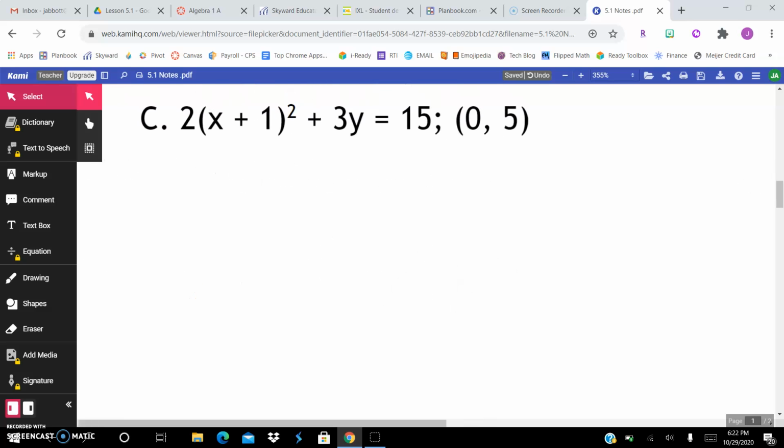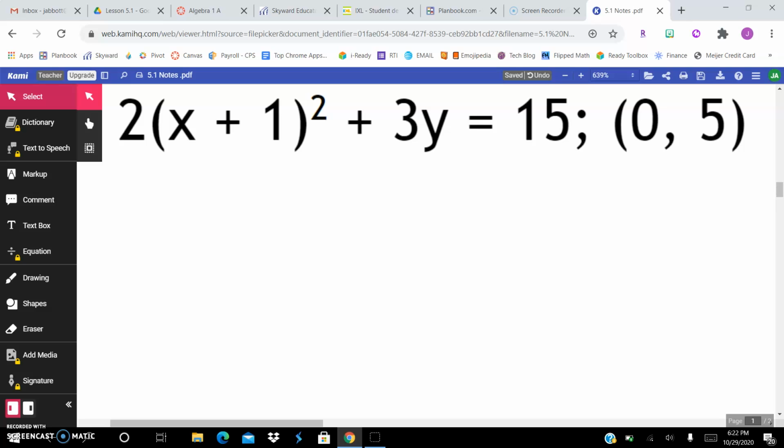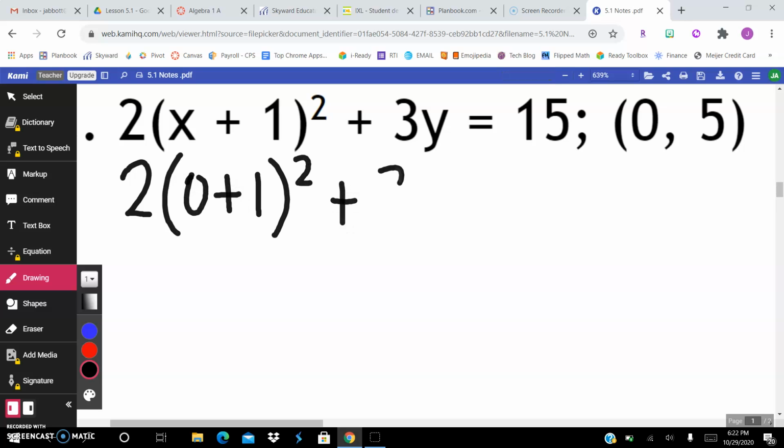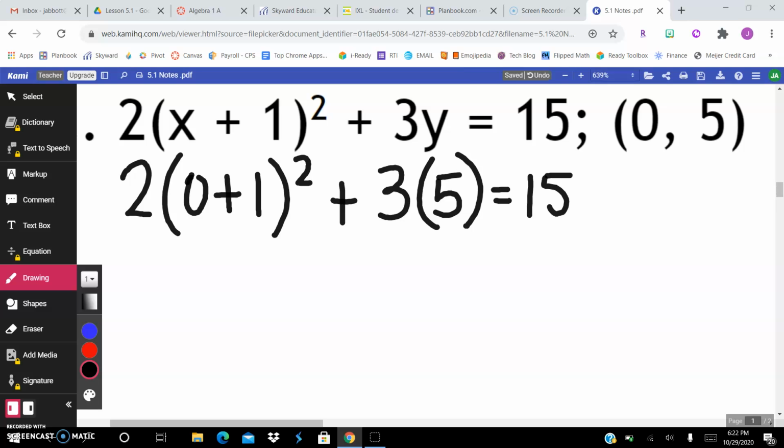Part C here, our problem gets a little bit bigger, and we're given the ordered pair of 0, 5. So everywhere there's an x is going to be 0, everywhere there's a y will be 5. So order of operations says to do parentheses first. So 0 plus 1 is 1.